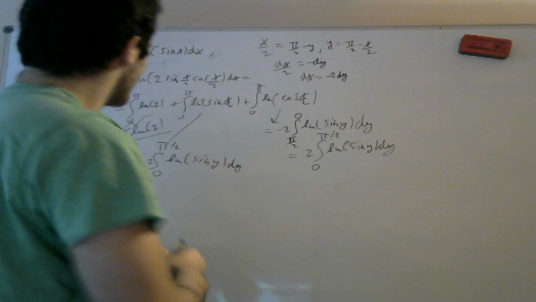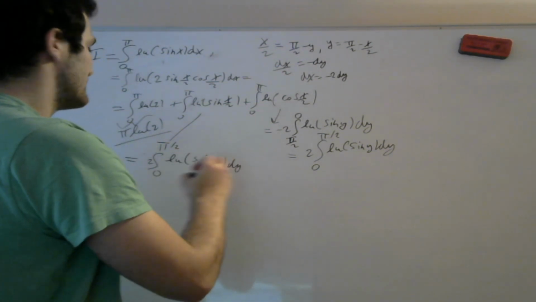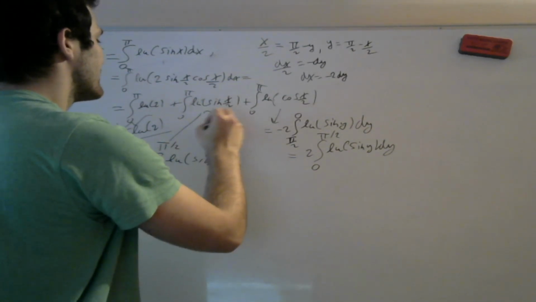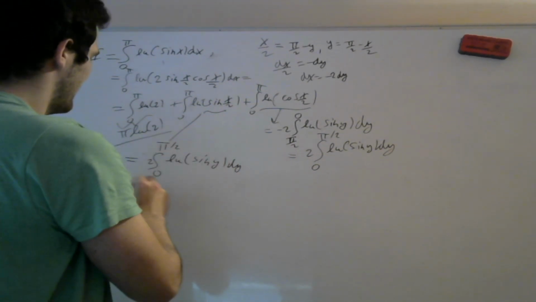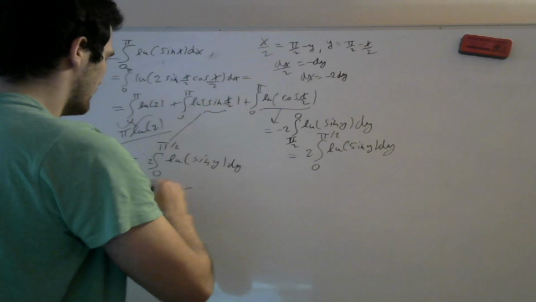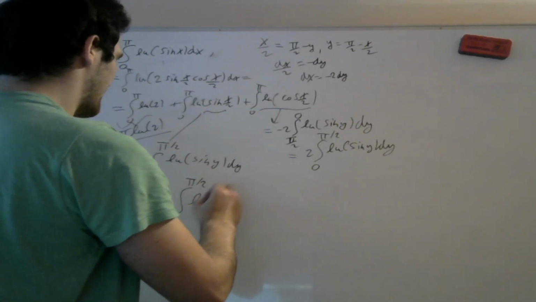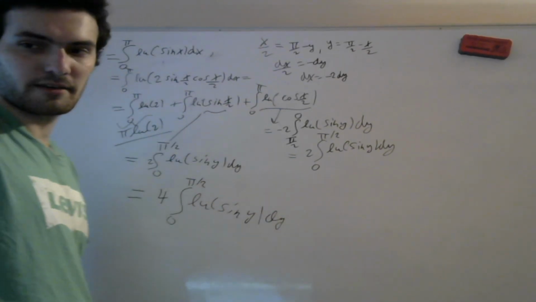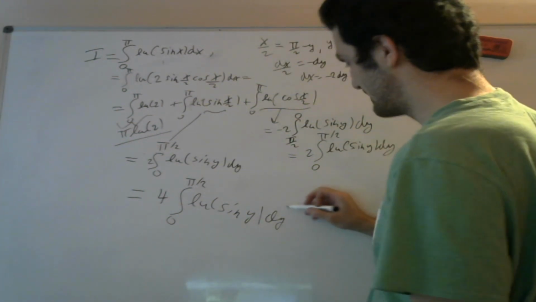So we get 4 times the integral from 0 to pi over 2 of ln of sine of y dy.